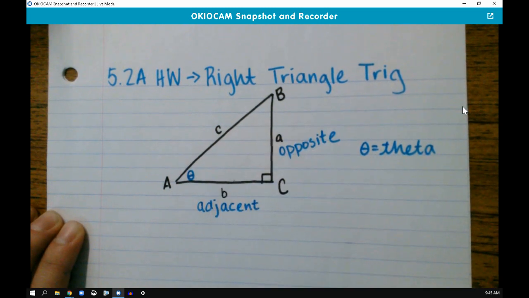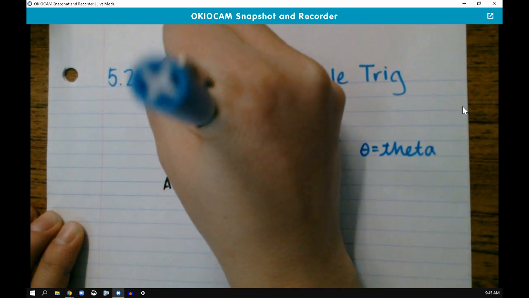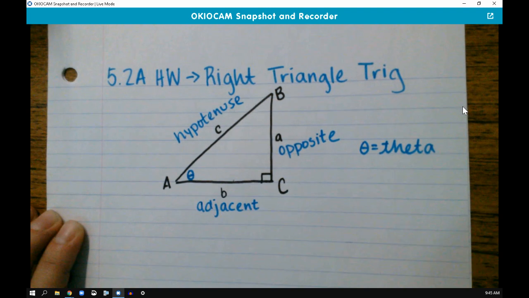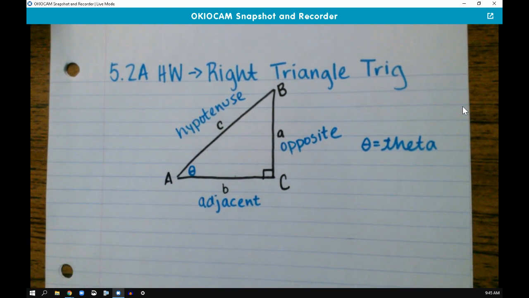And side C is our good old hypotenuse. So, go ahead and get that little triangle labeled with both A, B, and C, and opposite, adjacent, and hypotenuse, because we are going to use both of those interchangeably.